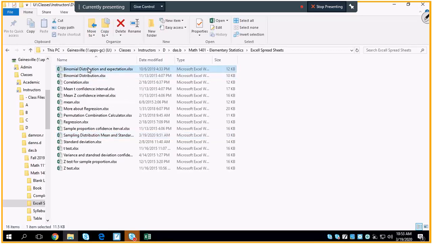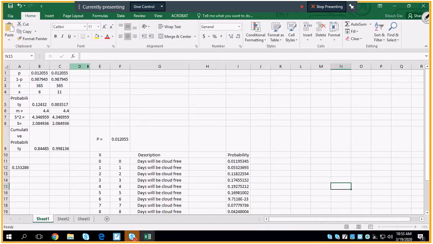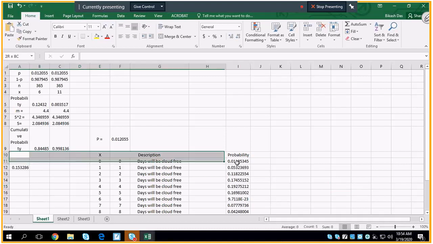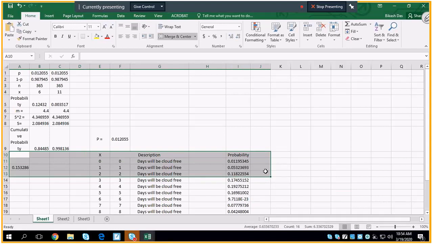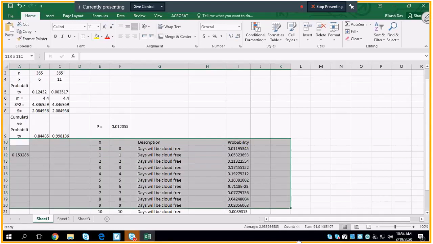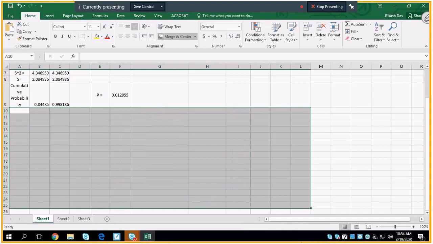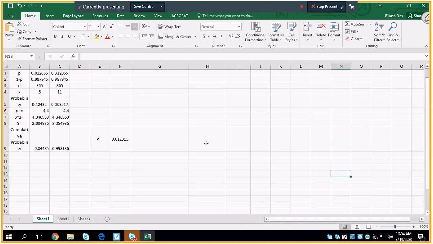I will go ahead and click the binomial distribution and expectation. And this is pretty self-explanatory what we are trying to do. I do not need all this information here, so I'm going to just delete it so that it doesn't confuse you. Okay, so this is what I need for the binomial probability distribution Excel spreadsheet.